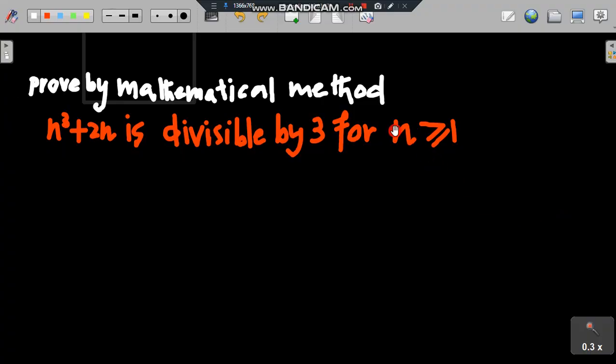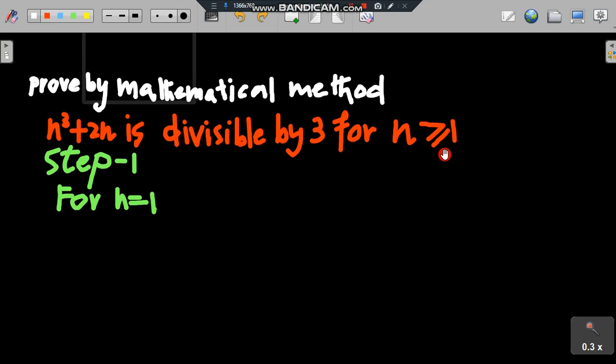The first step, step 1, for n equal to 1: the given fact, that n cube plus 2n is divisible by 3, is true for n equal to 1. That is what we have to prove here.